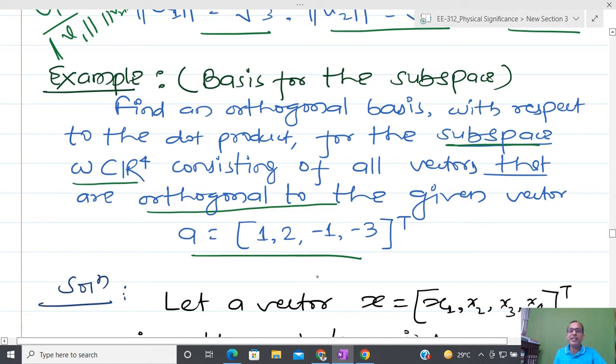The problem statement is that I have a 4-dimensional space, so the general basis has 4 elements. Now I have a vector in that 4-dimensional space. Since it is a vector in 4-dimensional Euclidean space, 4 components should be there. You can see by counting, this is a transpose: 1, 2, 3, 4 components. So I can convince you that this represents the 4-dimensional space.